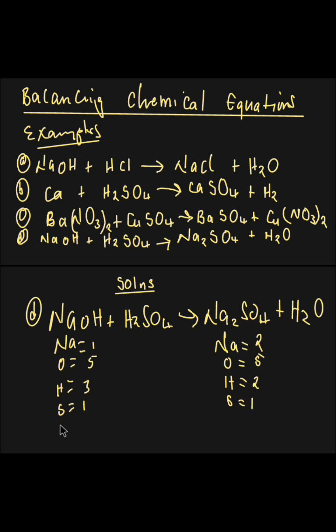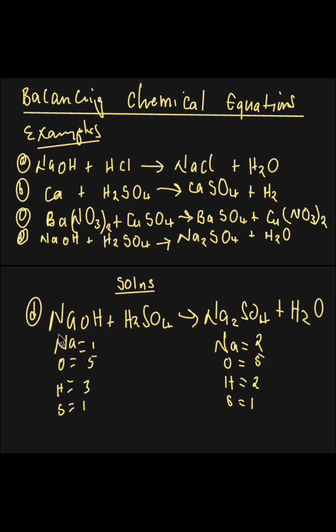Sulfur is balanced. So now we need to balance sodium and hydrogen. Whatever we do to balance sodium may affect other things, so we have to account for all those. So now let's try and see if we can balance.